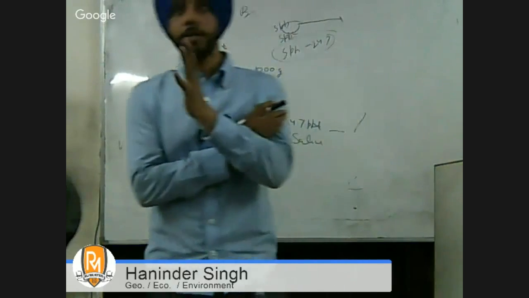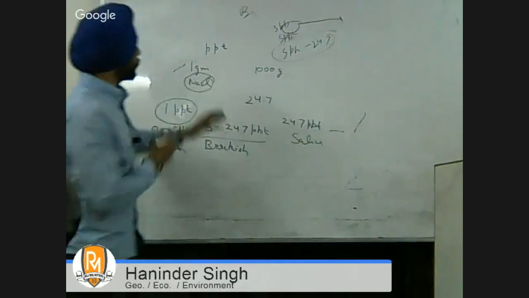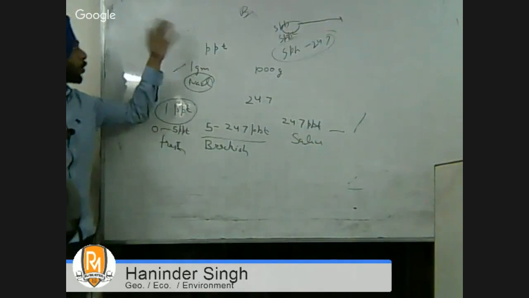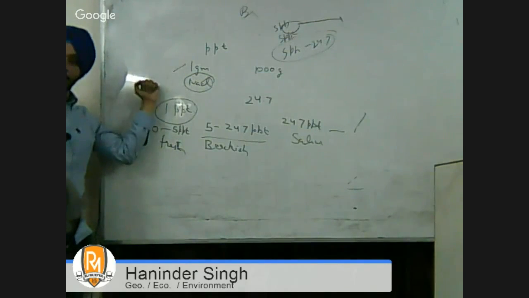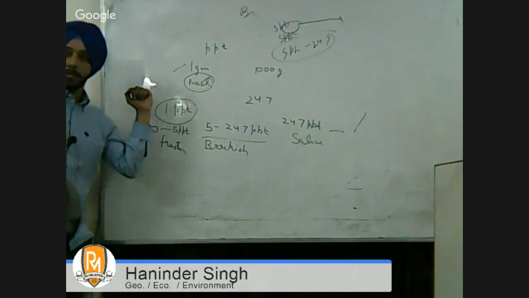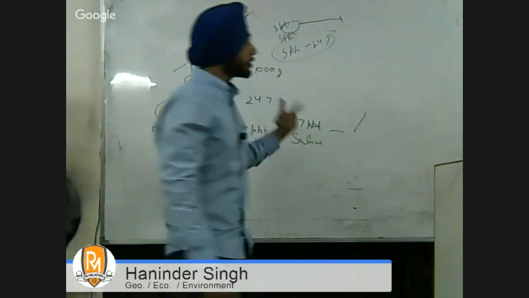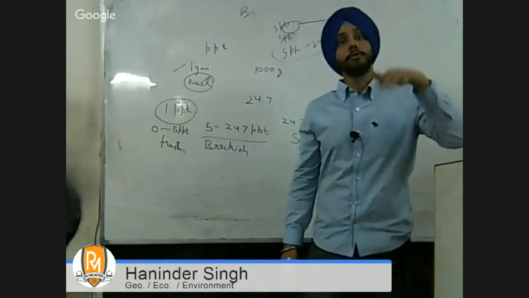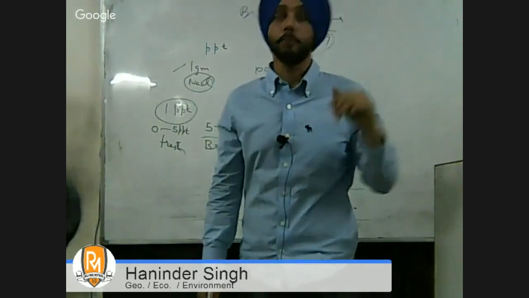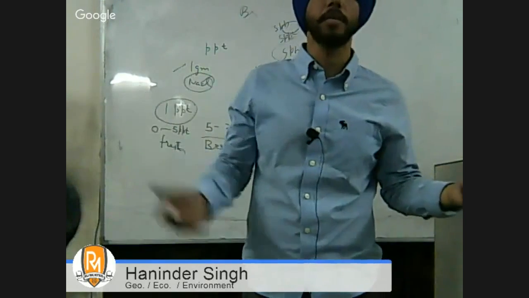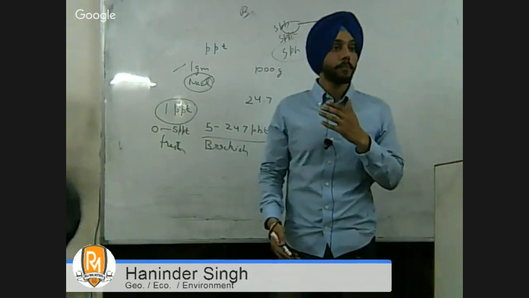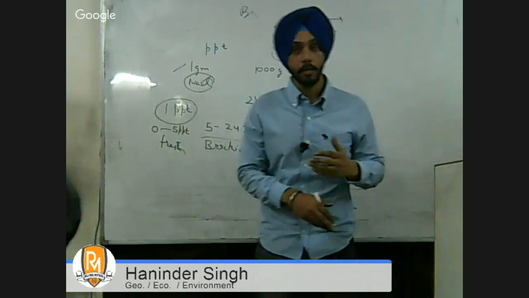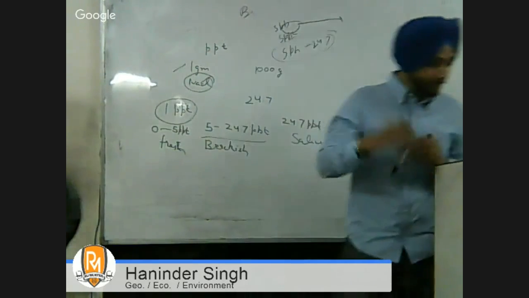Now a question: due to evaporation of water, salinity increases, decreases, none, both? Okay, next question. Due to precipitation, salinity of ocean water increases, decreases, both, none? Why does it decrease?